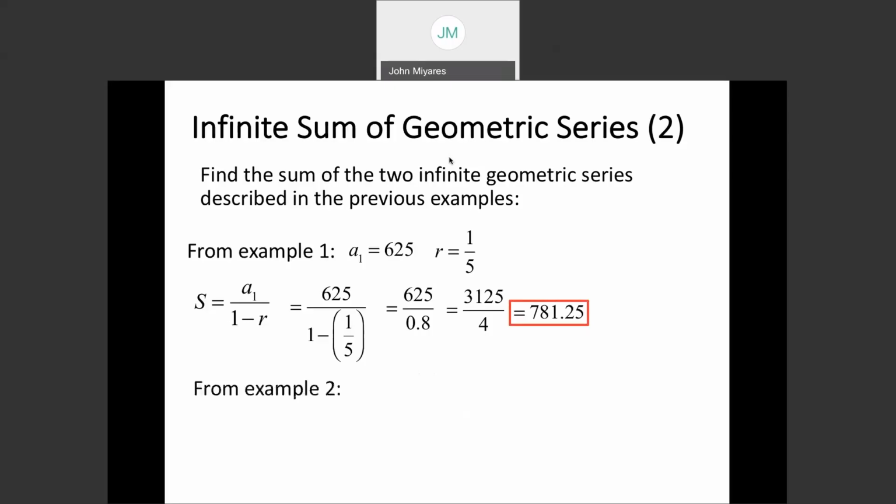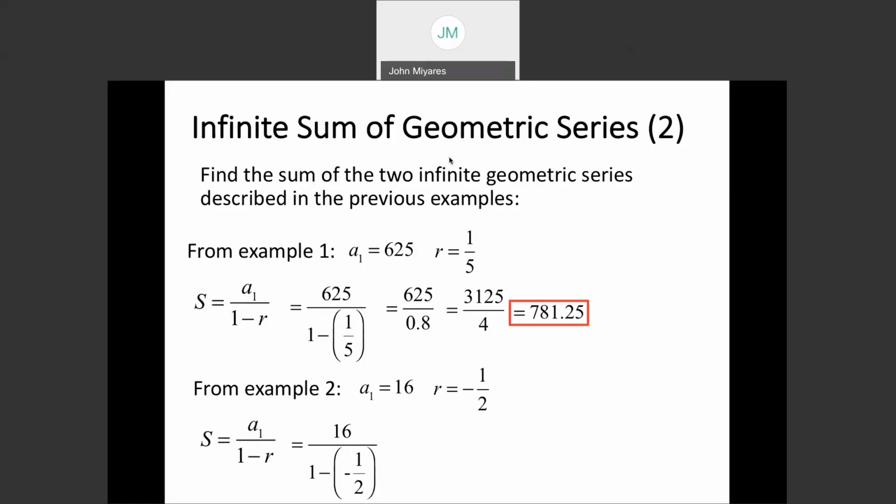From example 2, we had a geometric series with the first term being 16 and the common ratio being negative 1/2. Substituting those values into this formula gives 16 divided by 1 minus negative 1/2.